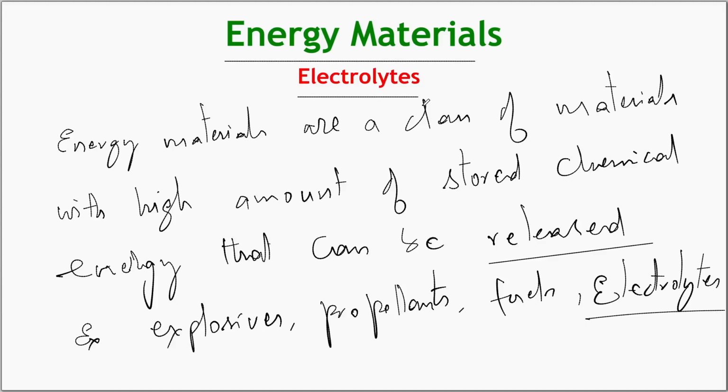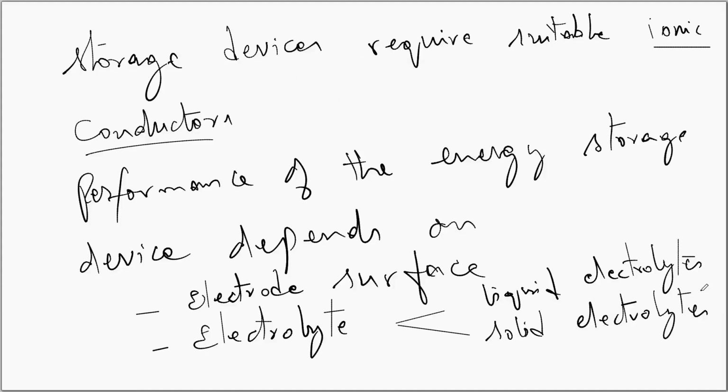We started our discussion by defining what energetic materials are. Energy materials are a class of materials with a high amount of stored chemical energy that can be released. The examples are explosives, propellants, fuels, and electrolytes. Electrolytes are generally used in storage devices, and they require suitable ionic conductors. The performance of a storage device depends on the electrode surface and the electrolyte.